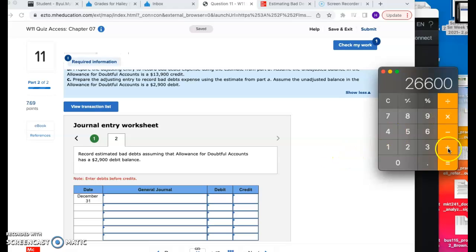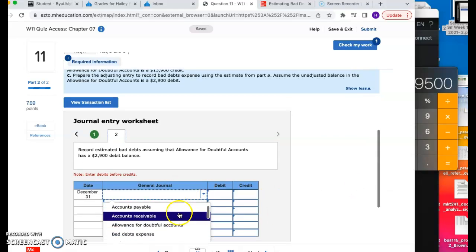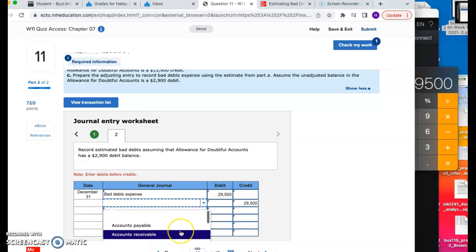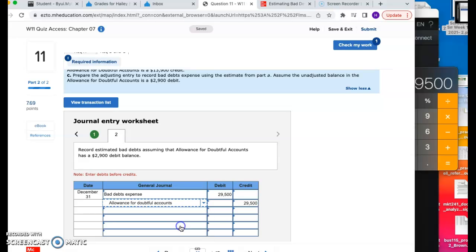And then, since it's a debit, we're going to add that number. So 2,900. So now that we have that, we can go ahead and with our bad debts expense, put that number in, and then this one is always going to be allowance for doubtful accounts.